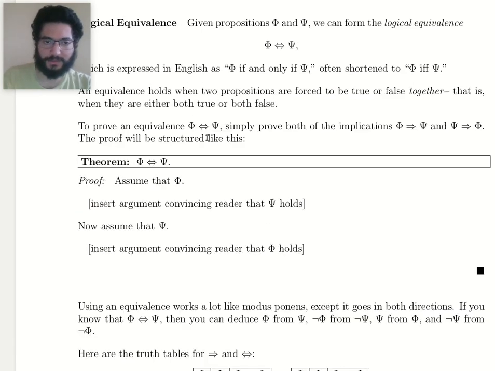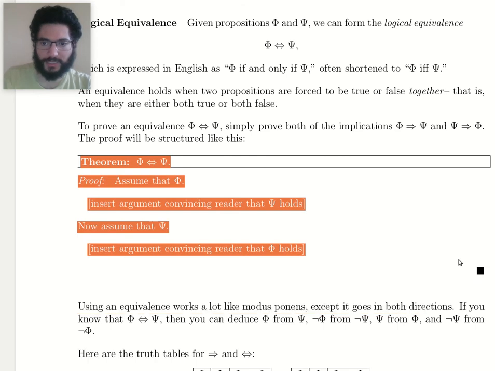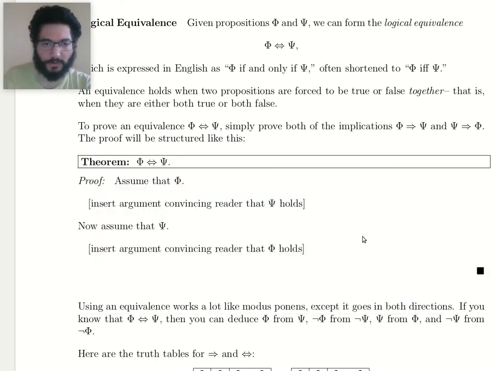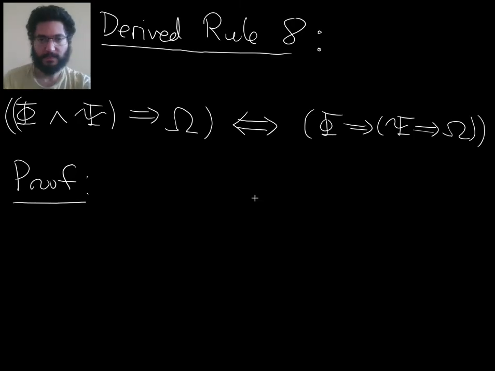And if I go up here, this is sort of the template that I would be following to prove both implications. All right. So that means my proof is going to split into two parts, the this way part and the that way part. And I should make them maybe two separate paragraphs. It's basically like I'm writing two proofs of two different things.